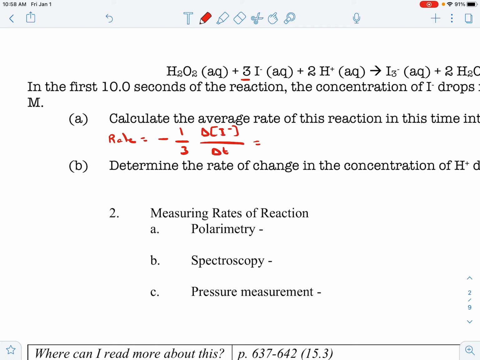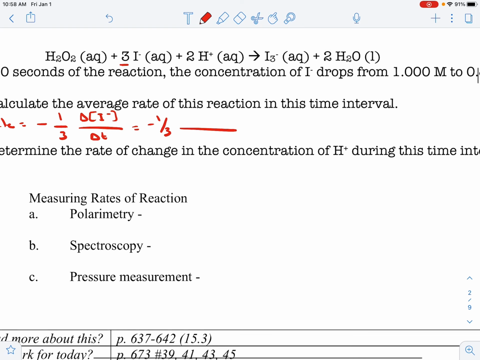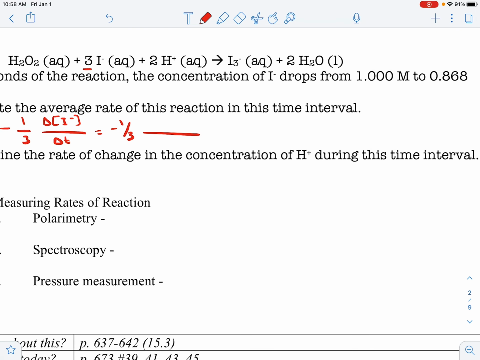So we just plug in that information that is given to us, negative 1/3, and then we have 0.868, final minus initial, 0.868 minus 1, over our change in time, which was 10 seconds. And this would give us 4.40 times 10 to the negative third molar per second.